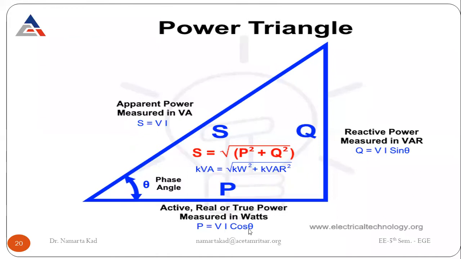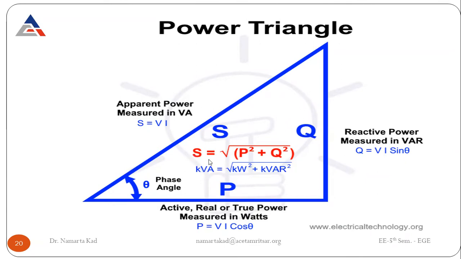Okay, now the units. The unit for the active power is kW, that is kilowatts. For reactive power, it is kVAR, kilovolt ampere reactive, and for apparent power it is kVA, that is kilovolt amperes. And what is the relation between the three powers?